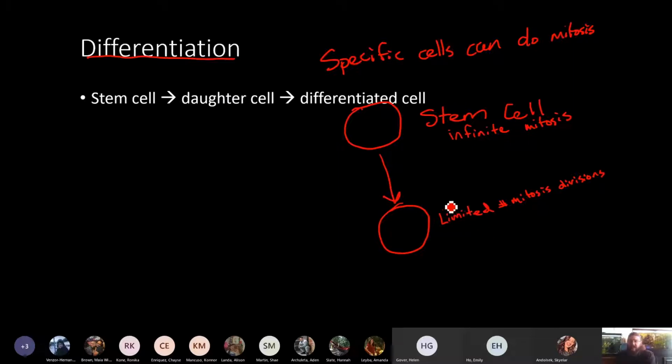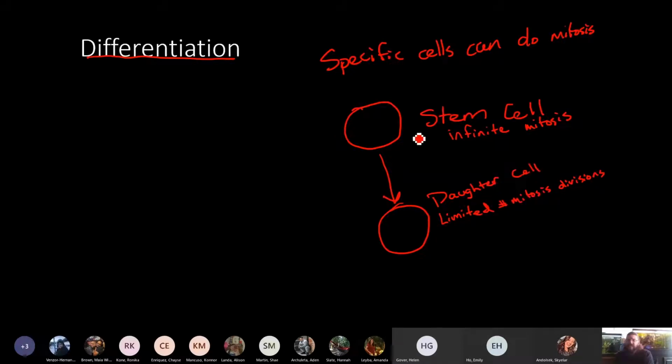So this is the daughter cell. Stem cells infinite, daughter cells finite. Daughter cells produce a differentiated cell.